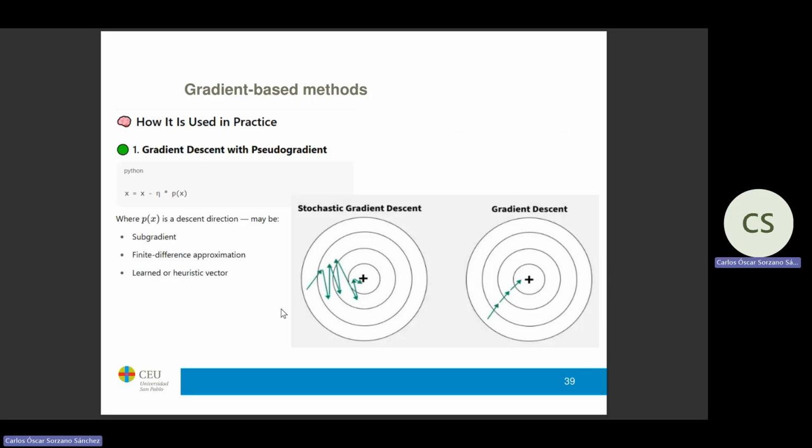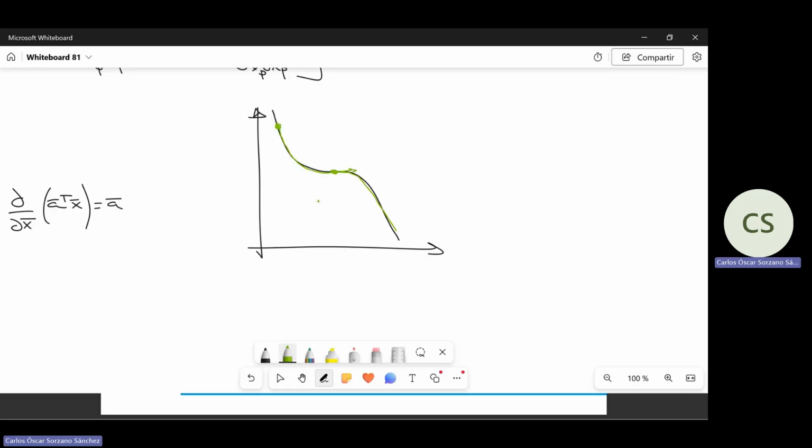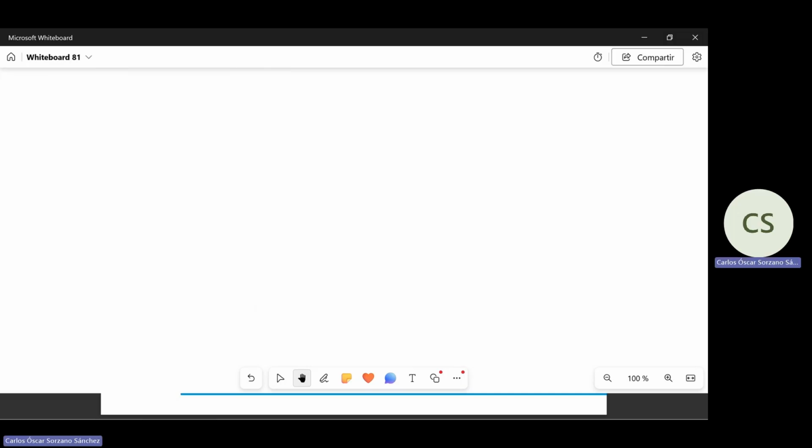So how to use these pseudo gradients the same way as you do with the gradients. If you have shown that this is a pseudo gradient, a good direction to minimize, then you go in that direction. And one of those is the stochastic gradient, where the stochasticity comes from this fact. So let's introduce the full problem. Let's say that I'm given a set of points, x_i, y_i.